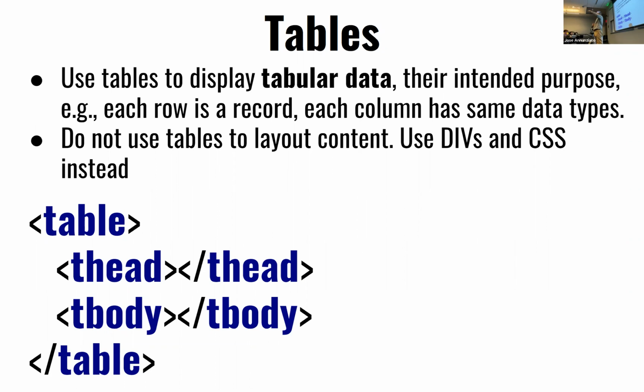So student 1, student 2, student 3, and then across all the grades for student 1, and the next one would be all the grades for student 2, and so on and so forth. Make sense? But the intention is that all the rows have the same structure, and that all the columns have the same data types. So column 1 shows all the grades for assignment 1, and column 2 all the grades for assignment 2. That's the intention.